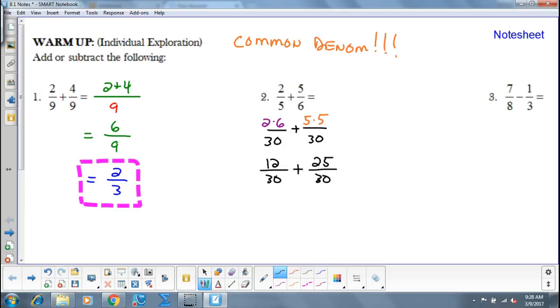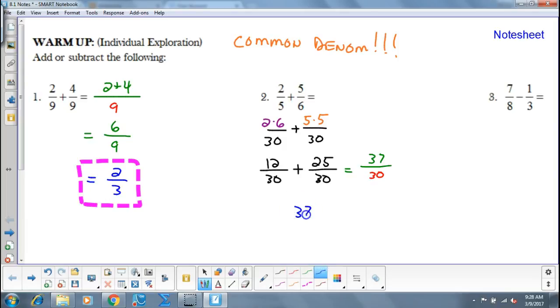I can add the tops now. Top here would be 37. Bottom is going to be 30. And can that one be reduced? No. So we can either leave it like that.